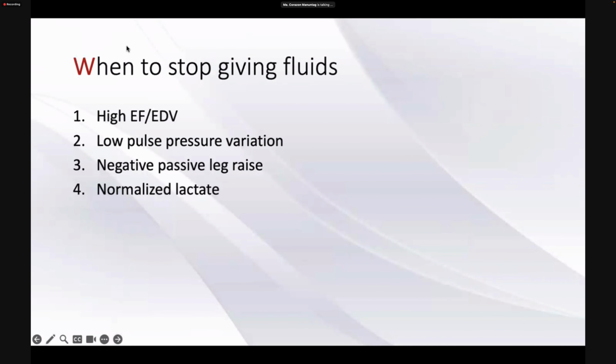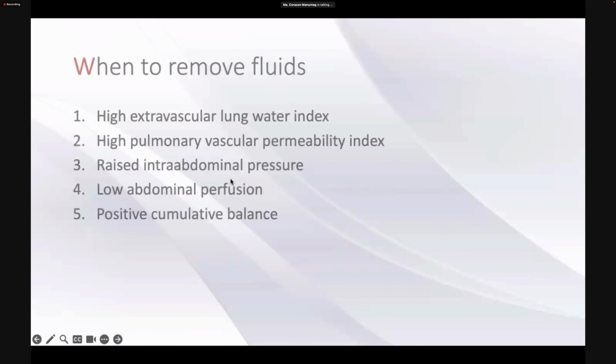So when to stop giving your fluids, if there is a high ratio of your ejection fraction and diastolic volume, there's a low pulse pressure variation, hindi na siya paiba-iba, hindi na siya ganun ka-sensitive, there's a negative passive leg raise, and your lactate is actually normalized. And then when do we remove fluids?